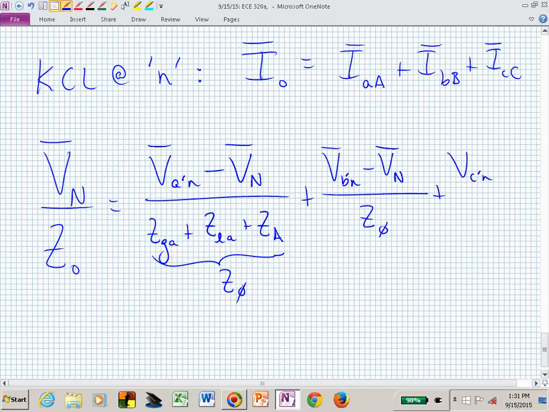But you could make this a little bit cleaner by saying that this is Z sub GB plus Z sub LB plus Z sub B, etc. for the C phase. Does that now re-express that KCL formula?